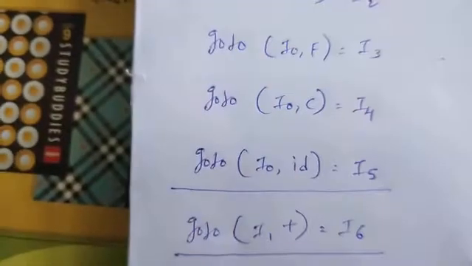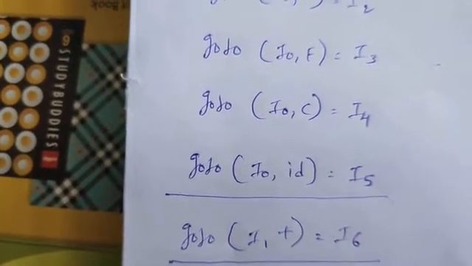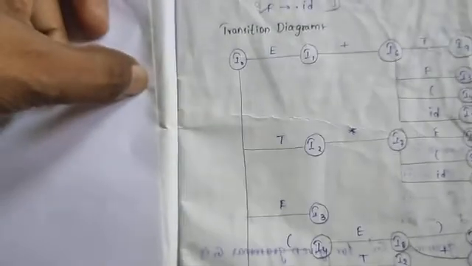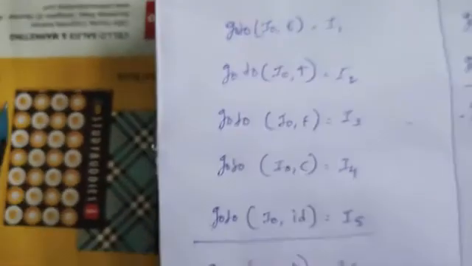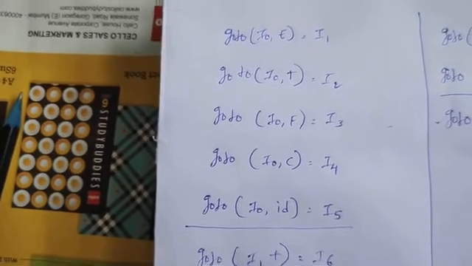Okay, here next one I0 comma F, I0 comma open braces, I0 comma id, states 3, 4, 5. Here I0 comma F, it will go to I3, I0 comma open braces, it will go to I4, I0 comma id, it will go to I5. So finally, in the first block all the things can be drawn in the transition diagram.